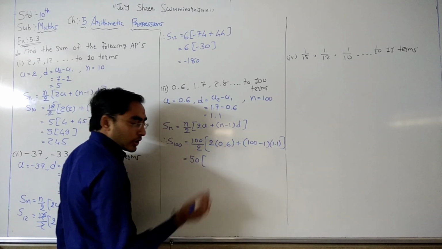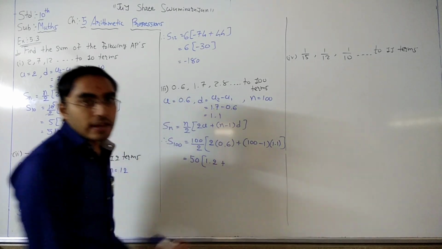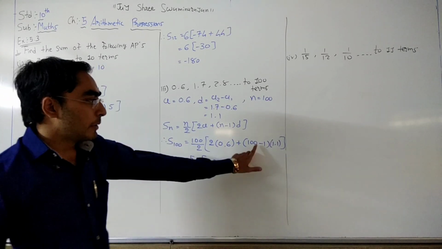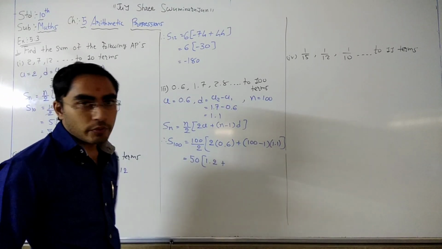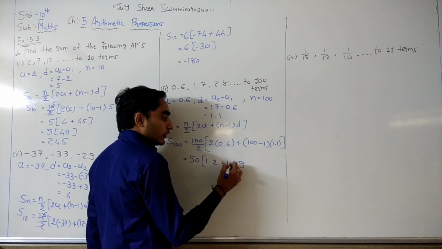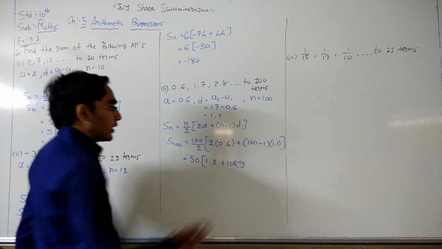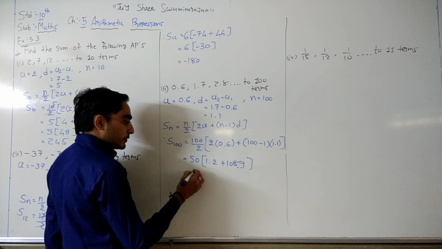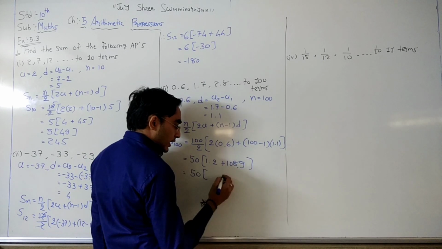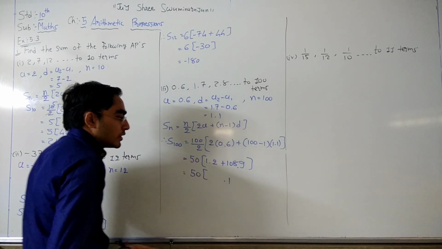0.6 into 2, 1.2, plus 100 minus 1, 99. 99 into 1.1. So 9 plus 9, 18, 1 and 1 point, so 108.9. Now find the addition. So here 9 plus 2, 11, right?